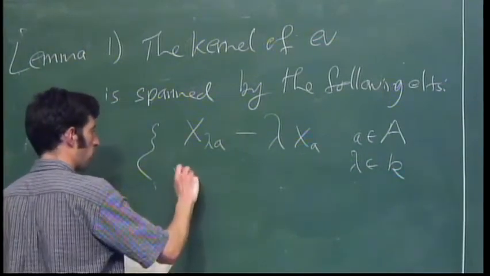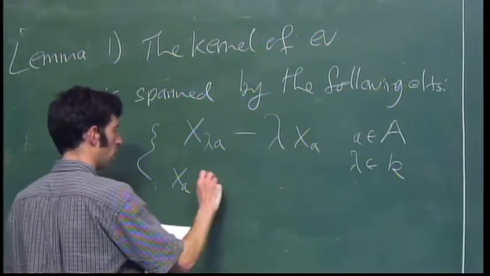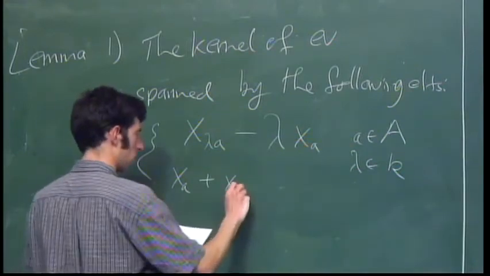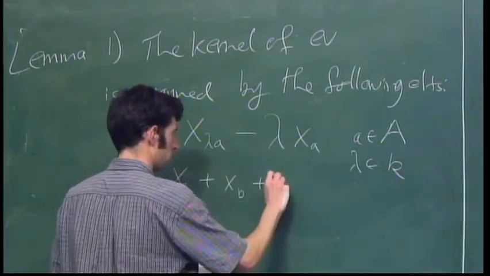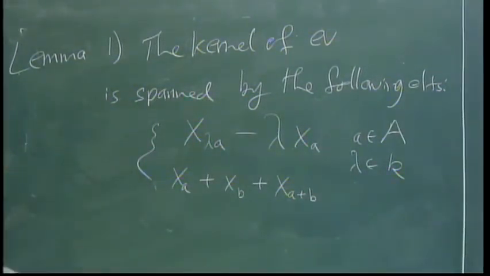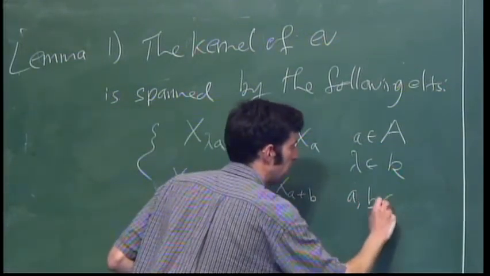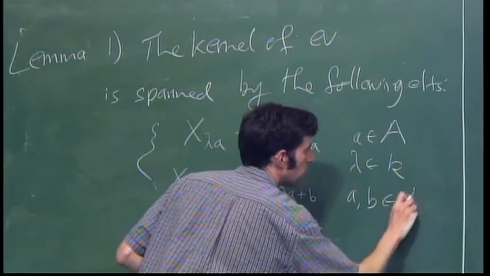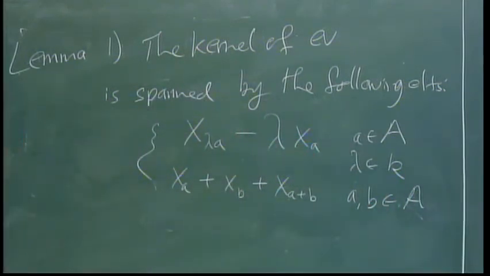And we have things of the form x sub a plus x sub b plus x sub a plus b for a and b elements of the algebra A. I think those are all pluses there. OK, so that's a pretty easy thing to show.